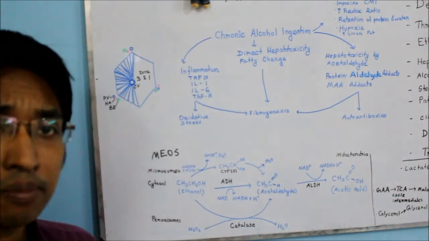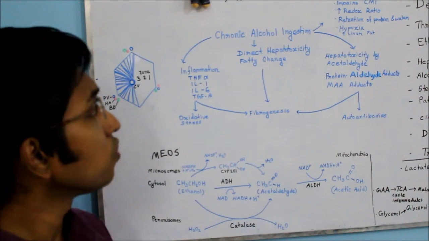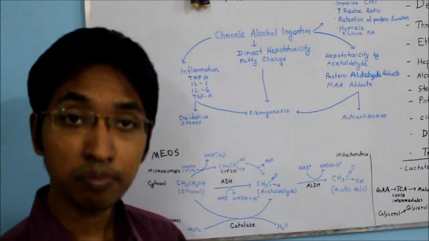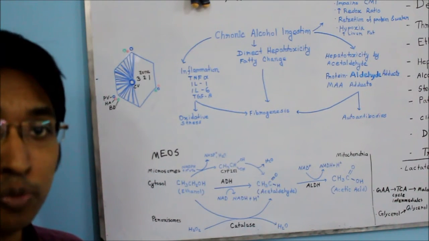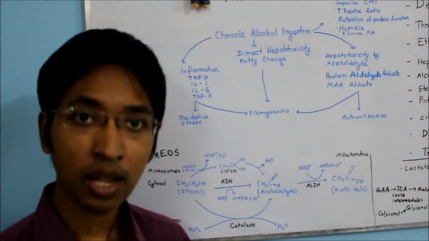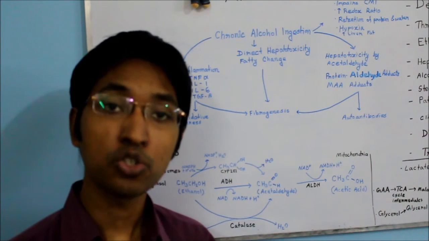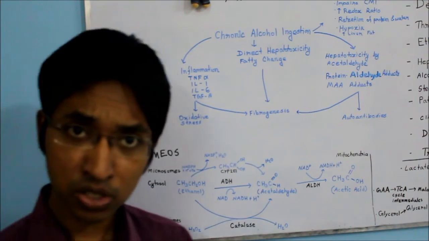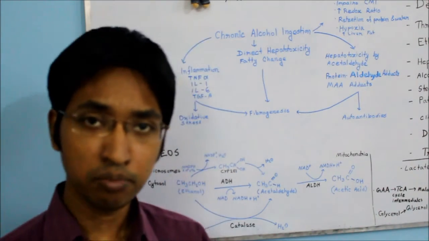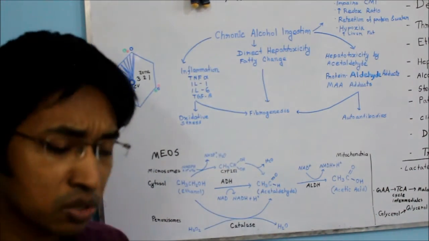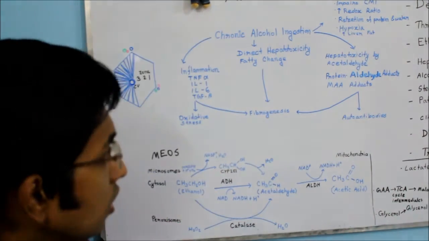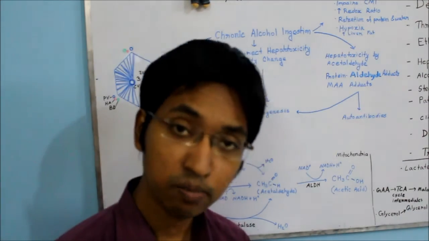At the same time, alcohol can result in impaired release and impaired assembly of lipoproteins. So since lipoproteins are used to transport lipid from the liver, if there is impaired assembly and impaired release of lipoprotein from the liver cell, fat will begin to accumulate inside the liver cells. So that is another mechanism.